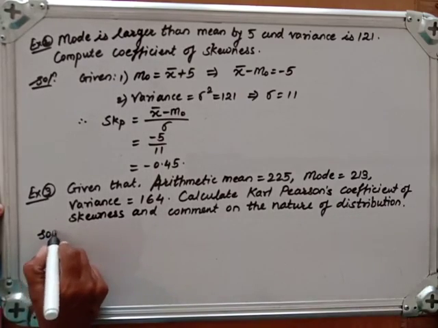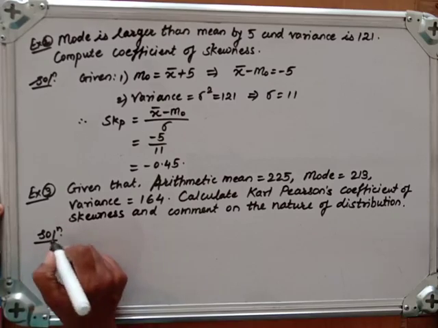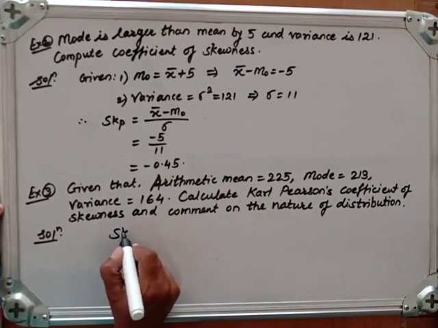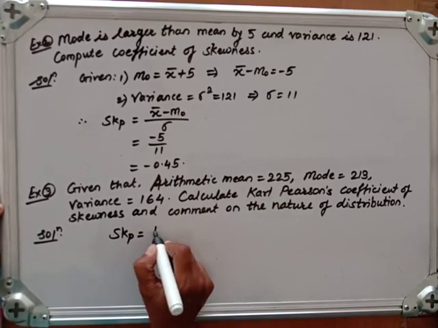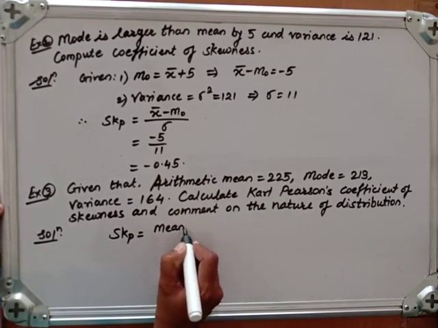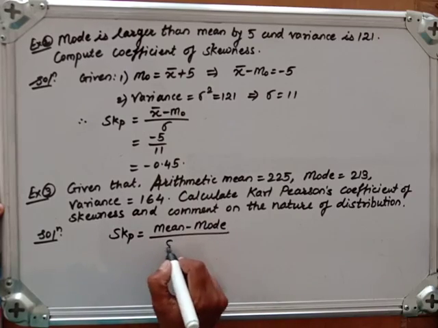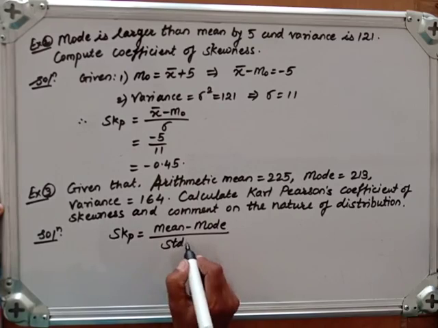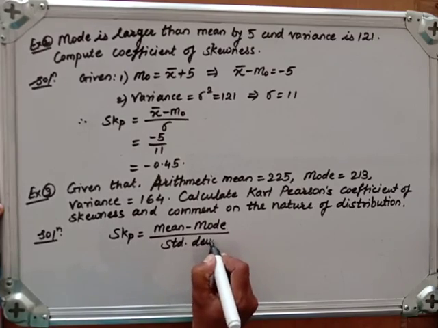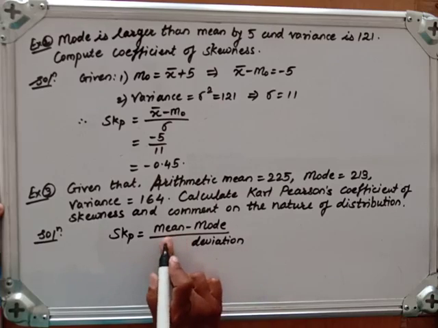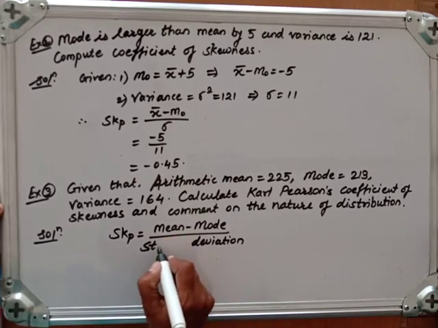So, solution. Now you know the Karl Pearson coefficient of skewness, SKP, is mean minus mode upon standard deviation. Let me write it completely.